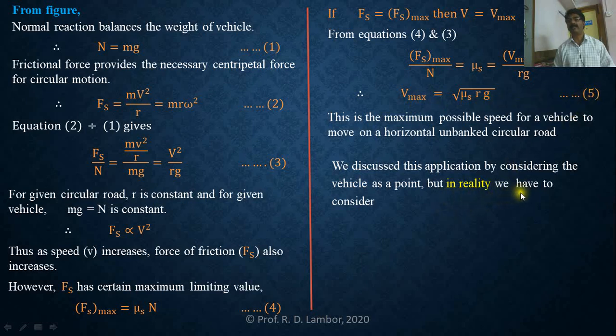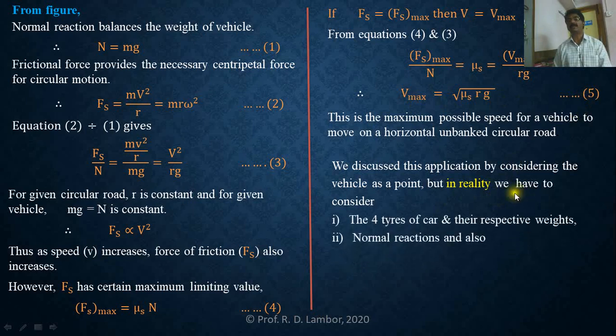But in reality, we have to consider the following forces. Which ones? The four tires of the car and their respective weights we have to consider, because the vehicle is not a point particle. Normal reaction also we have to consider. Frictional forces and centripetal forces also we have to consider. So this is the reality.